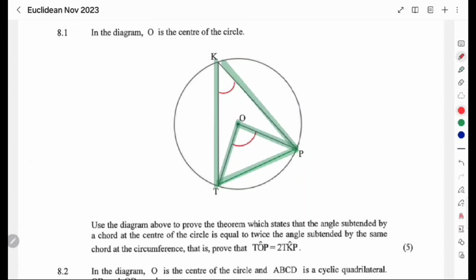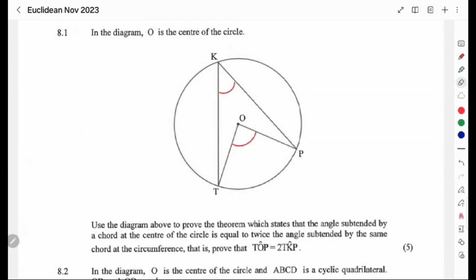That means that if the angle K is 60 degrees, the angle at the center will be double that. It will be 120. Or if the angle at the center is 100 degrees, because the angle at the center is double the angle at the circumference, this angle has to be 50. So that is the main idea behind this theorem.